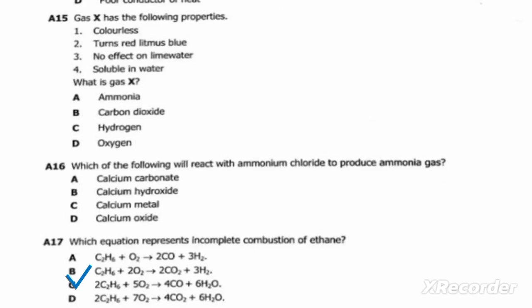So why have we not chosen A? If we look at A, here we have 2 atoms of carbon, 6 atoms of hydrogen.